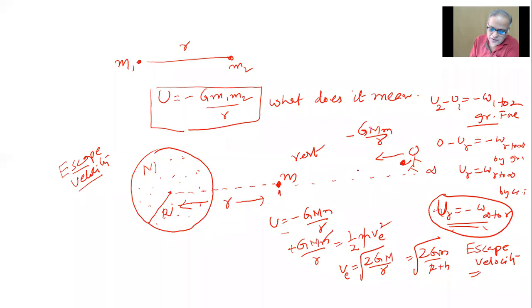Gravity will be pulling it away. So he should apply a force in the opposite direction to make it go with a constant speed so that the kinetic energy is not going to increase. That means if the gravity is increasing the speed, he is trying to decrease the speed. If the gravity is doing positive work, he is doing negative work. Therefore, it is minus GMm by r.